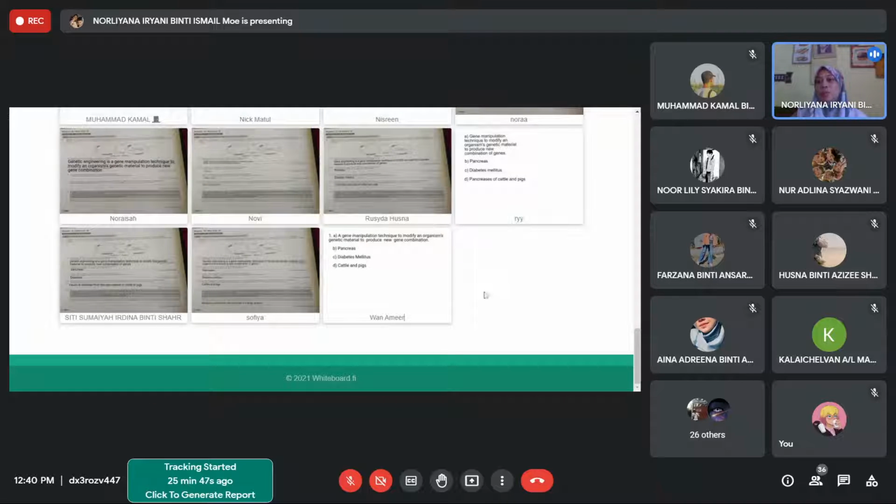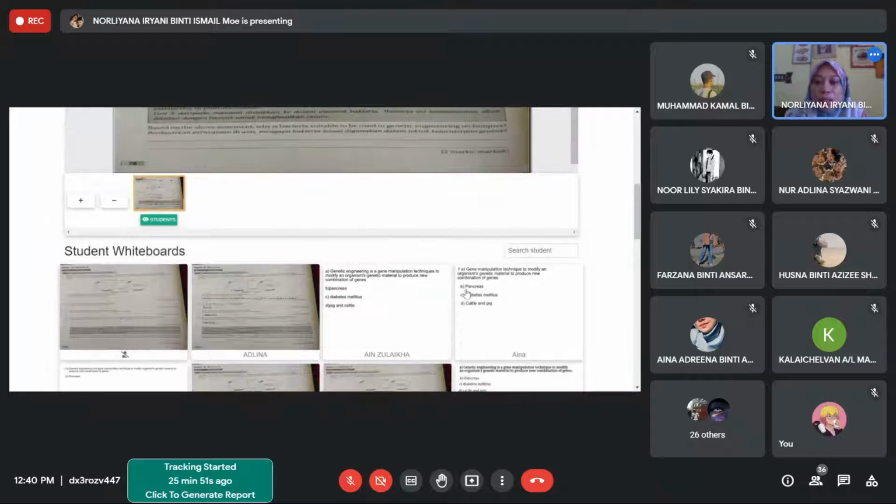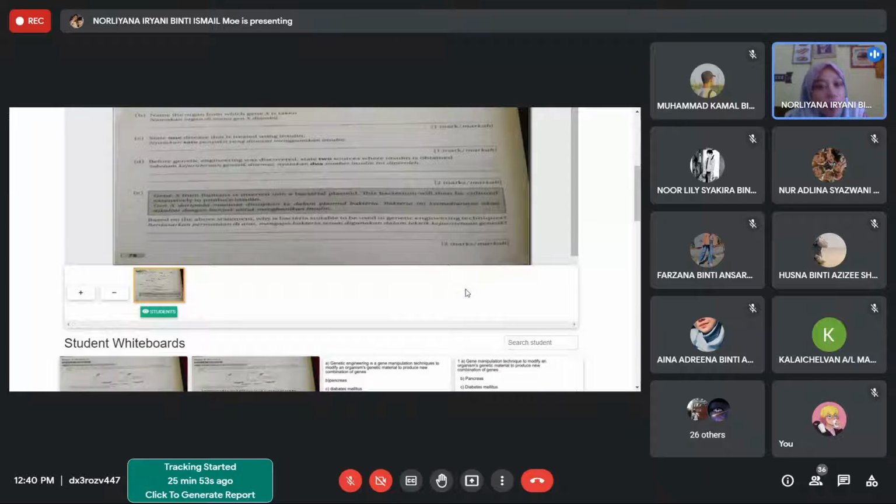Okay, so before the technology was discovered, it was quite a hot discussion, because for us Muslims it is something to be debated if we extract the insulin from pigs, for example.